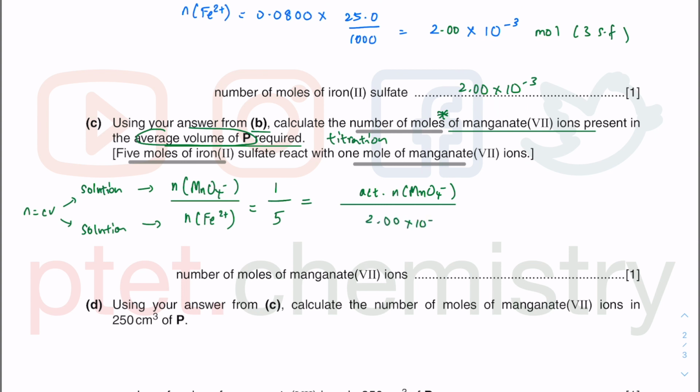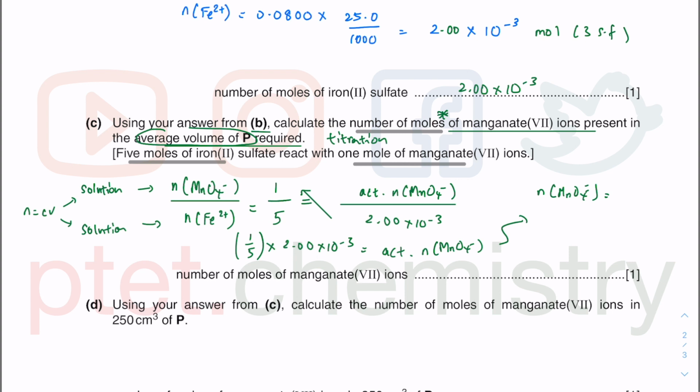So I just put in my value and I bring this up. As I bring this up, I do not change anything on this left hand side. So it's still 1/5 because I'm just bringing up the bottom to the top there. I do not change anything in this cross multiply example because this is just mathematics. So of course the moles of MnO4⁻ then is just equal to whatever answer I had just now times 1/5. Oops, hang on.